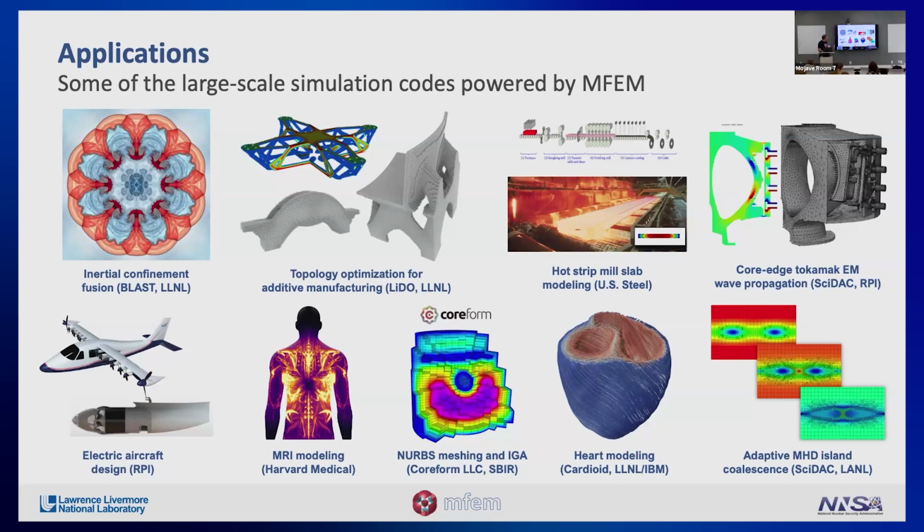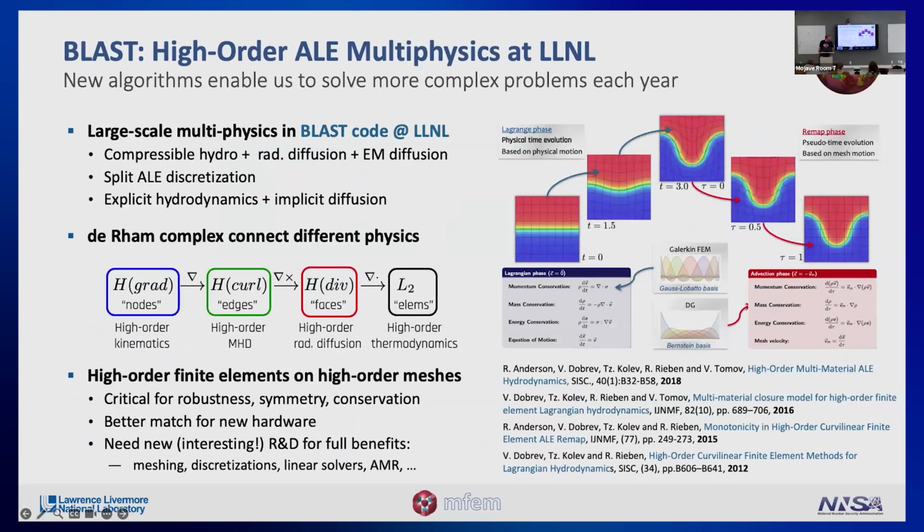Okay, I do want to tell you a bit more about the BLAST code because it will be mentioned throughout the talks today and tomorrow. This is a multi-physics code that combines compressible hydrodynamics with radiation diffusion and electromagnetic diffusion. It actually uses all the spaces in the de Rham complex here.